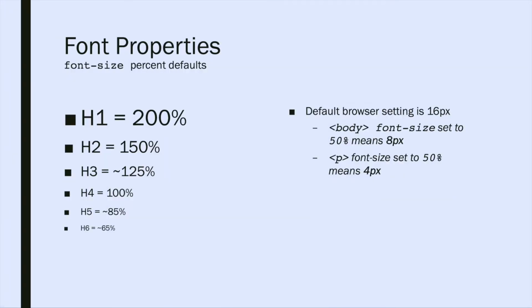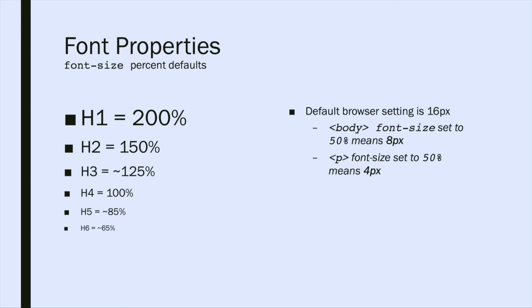To give a good example, your H1 element allows for a roughly 200% increase. H2 is 150%, H3 is about 125%, H4 is 100% or the exact value, H5 is about 85%, and H6 is about 65%.